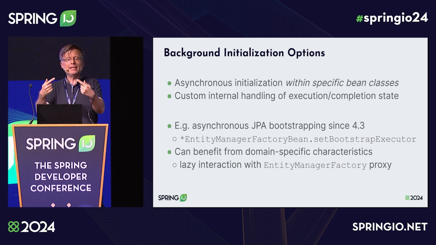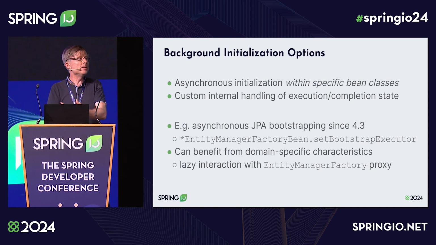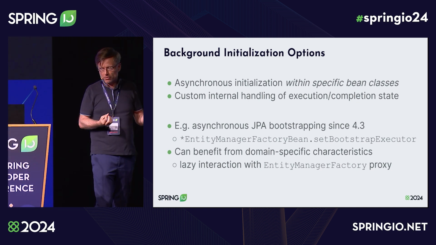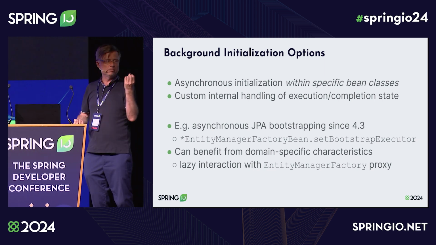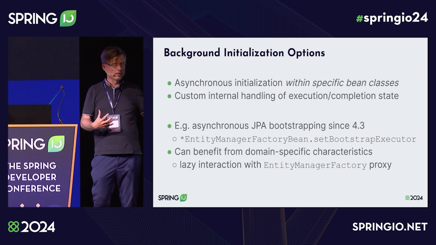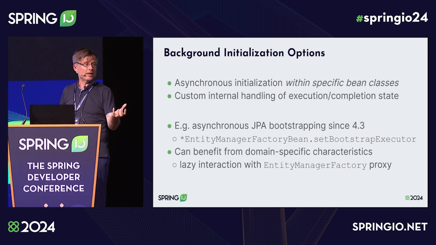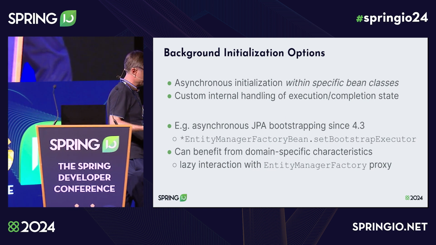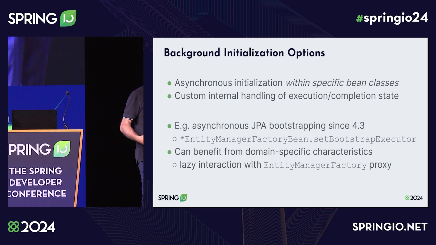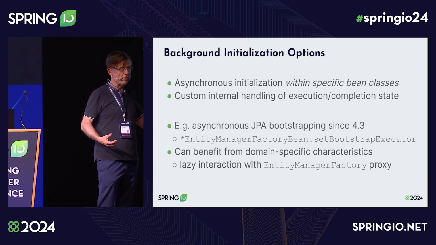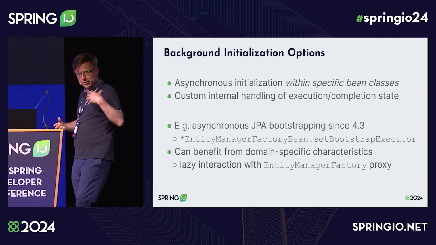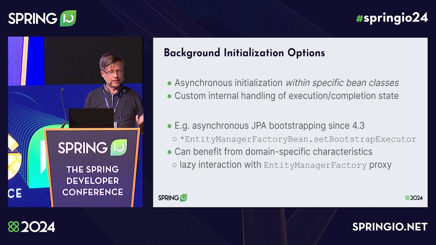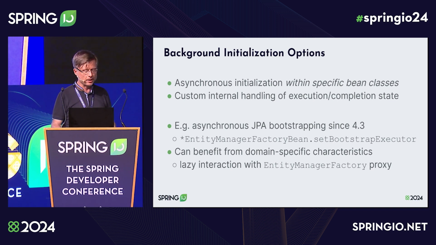It's an internal decision within a particular bean implementation that you choose to use a background initialization thread for a particular type that you expose, and you can benefit from the characteristics of that particular type. So for an entity manager factory, if it's very likely that in your setup it's only going to be used very late, then that's a characteristic you can benefit from. You can derive assumptions from the particular type that you're exposing.